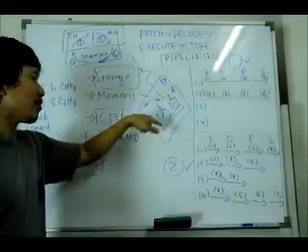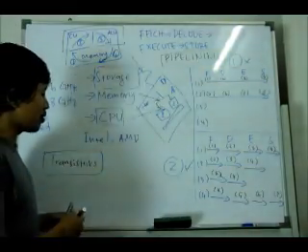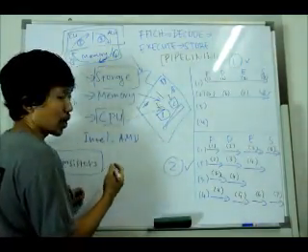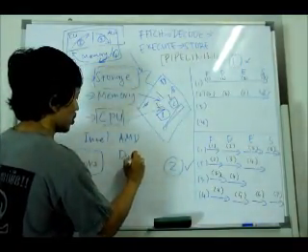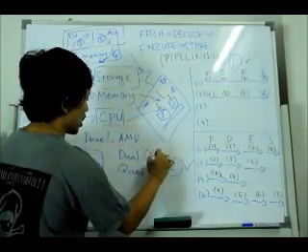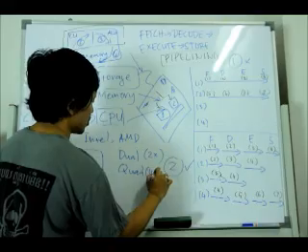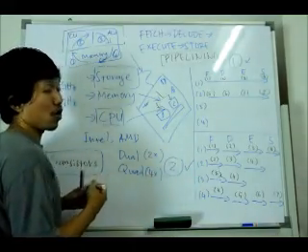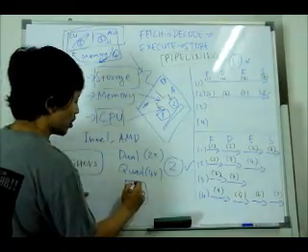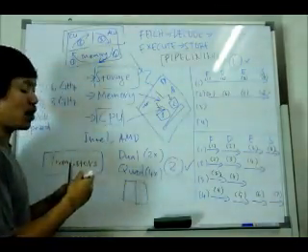Then aside from this, you might have also heard of things like dual core and quad core. Dual means 2 times, quad means 4 times the core of the processor, meaning it's like you have one processor with a twin of processor inside.